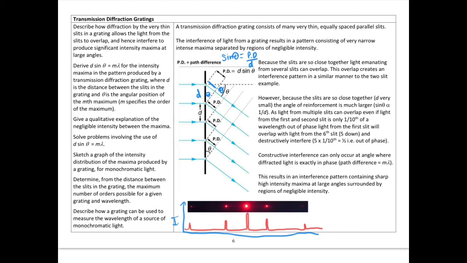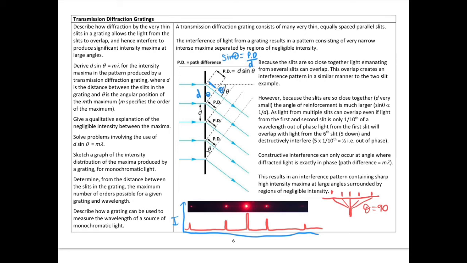So what we're talking about here is, if you're shining your laser at a screen like this, and you can imagine these being your bright spots, the maximum angle that you'll be able to see anything at is theta equals 90.